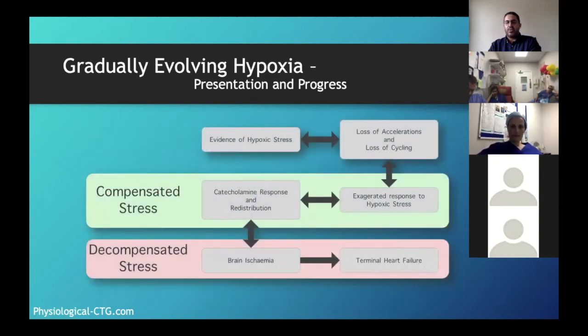We always say that all of the steps are reversible. Even some brain ischemia or hypoxia is still reversible. The baby can still recover from that. But if it goes into terminal heart failure, there is no coming back from that, because the baby's protective mechanisms have completely stopped.